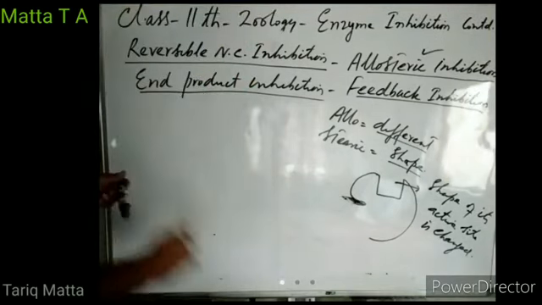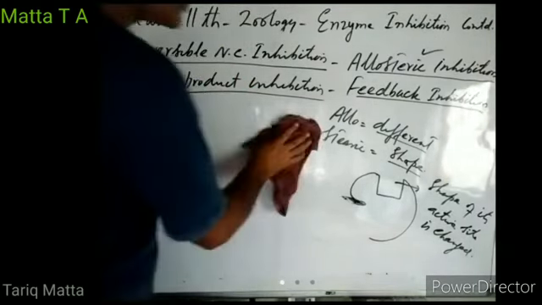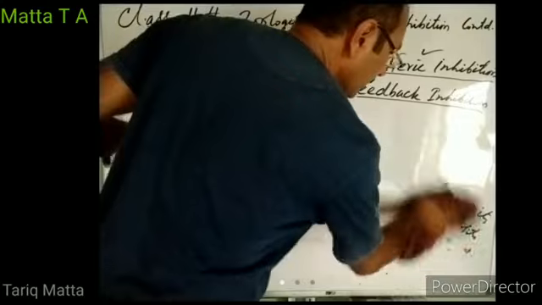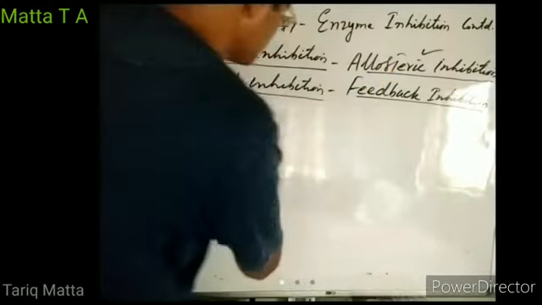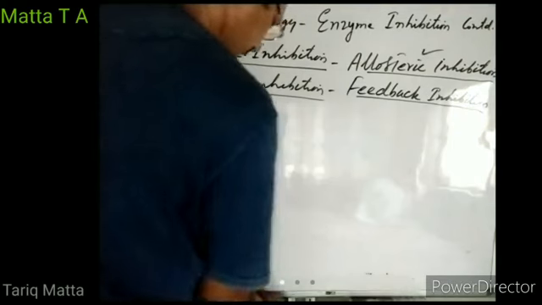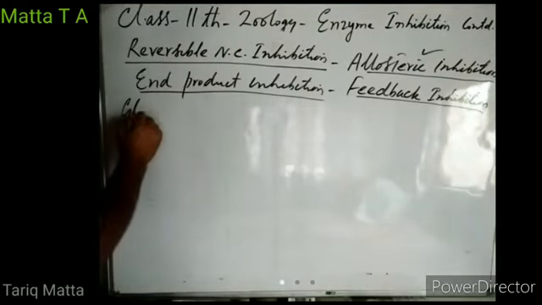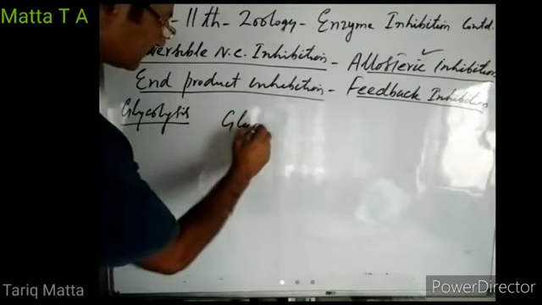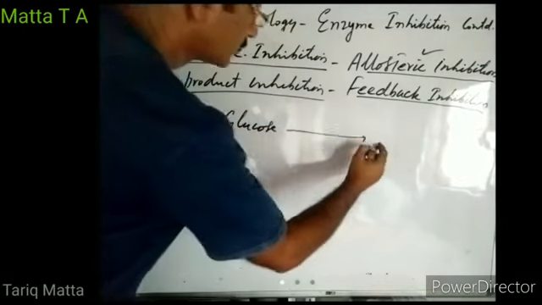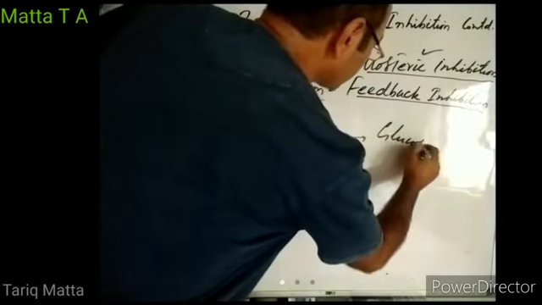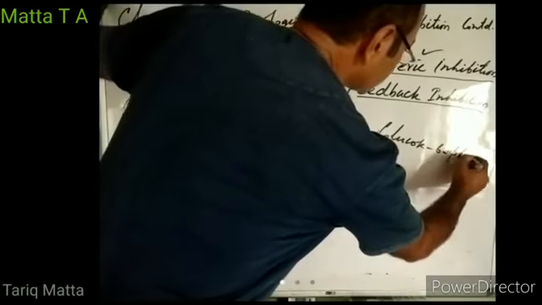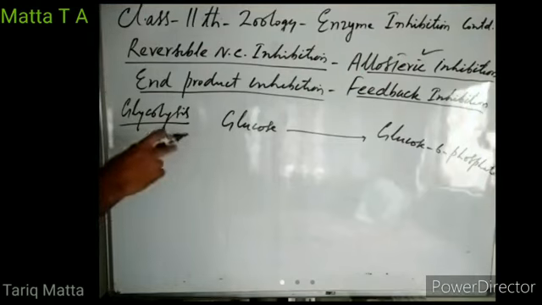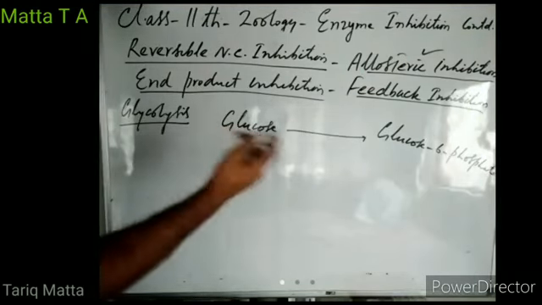These allosteric enzymes regulate various metabolic pathways of our body. They are involved in the regulation of various metabolic pathways of our body. For example, in glycolysis, glucose is converted into glucose 6 phosphate in the very first step.